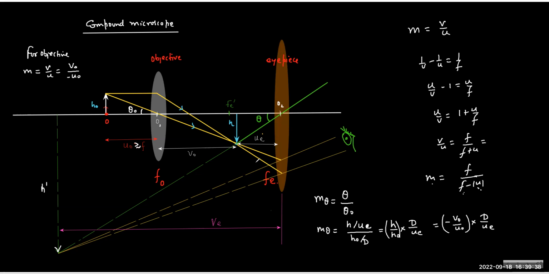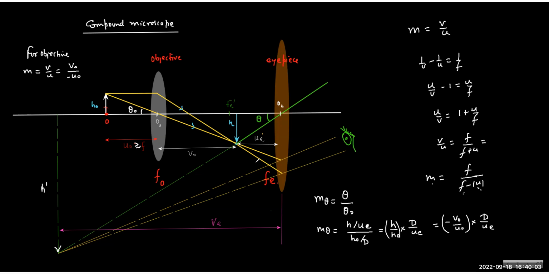Generally, we fix the eyepiece, because the eyepiece is the side on which you put your eye. The objective is a movable part. We have a threaded groove in which, by turning, just like the rotation in a camera, you can move back and forth.